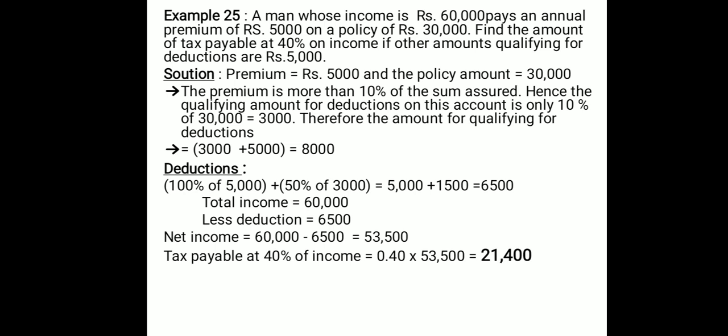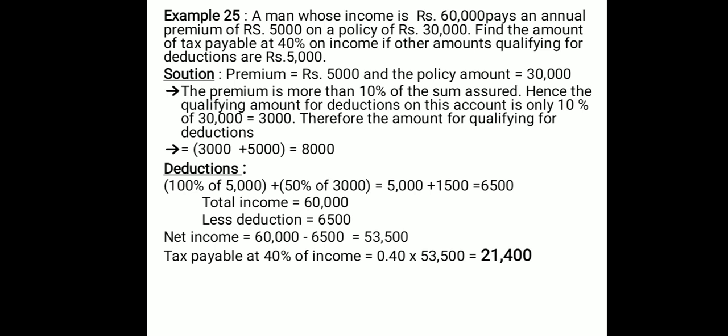Next, deductions: 100% of 5,000 plus 50% of the 3,000 above 5,000, equal to 5,000 plus 1,500, that is 6,500. So total income is 60,000, less deductions of 6,500, so net income is 53,500.